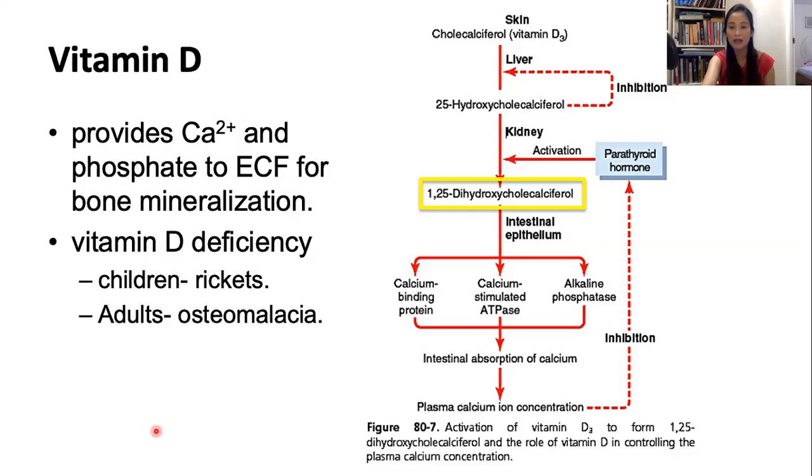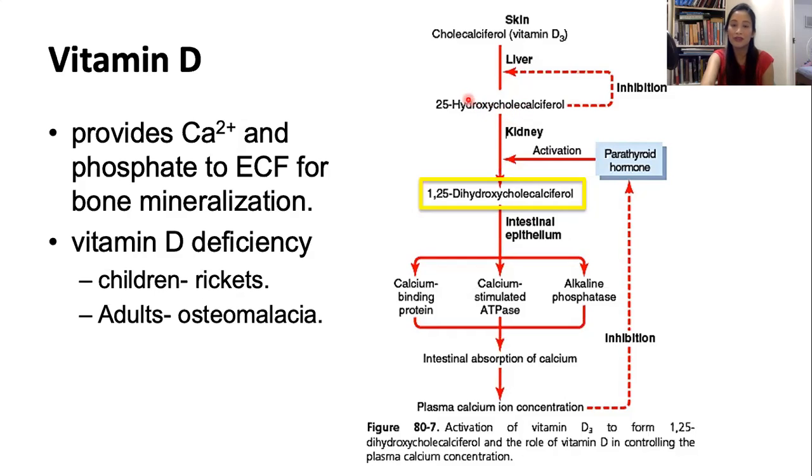So how does vitamin D affect calcium? What does it do to our body? Exposure to the UV rays will result in the formation of cholecalciferol, or vitamin D3, and your cholecalciferol will be hydroxylated in your liver first.